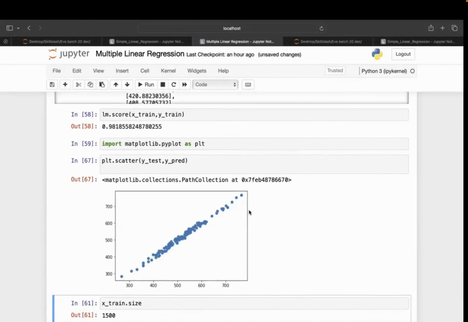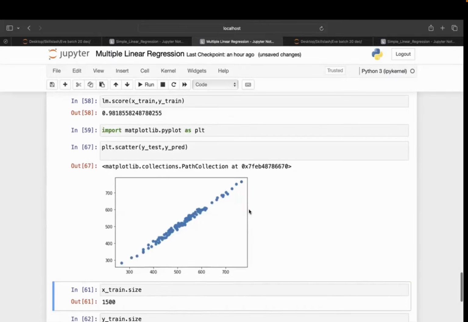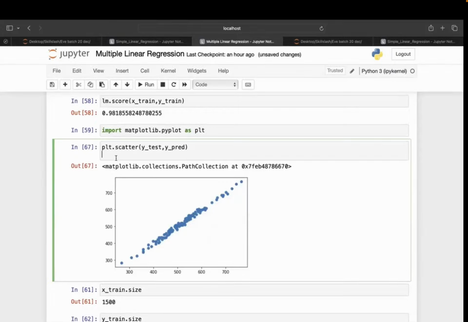Okay, for this it is coming. They are of same length. If you want to see the best fit line for this one, I can simply write the y test and plt dot plot, right?